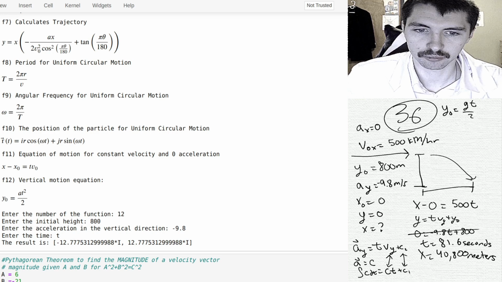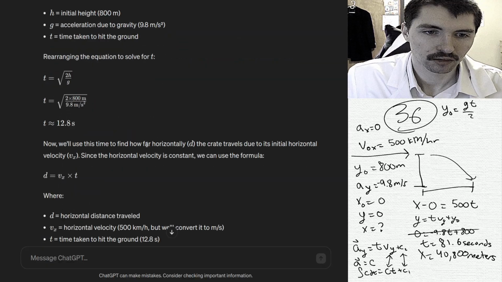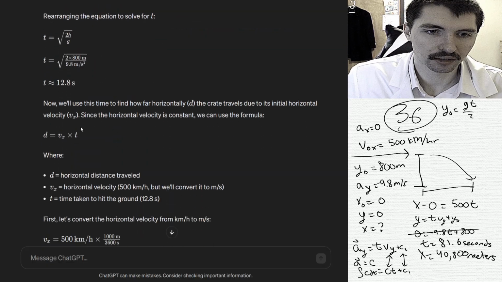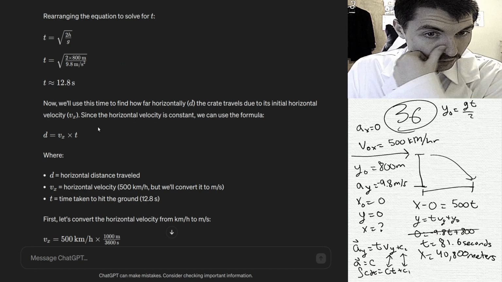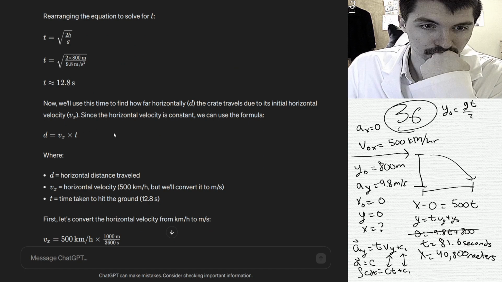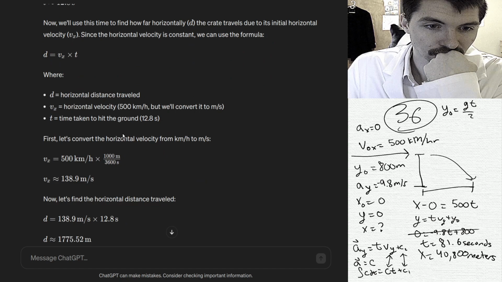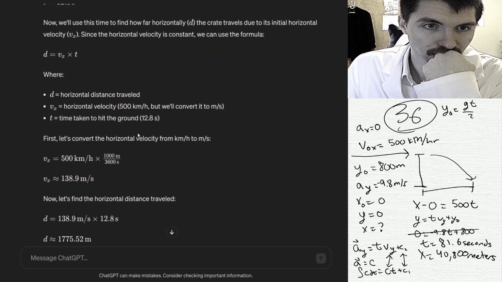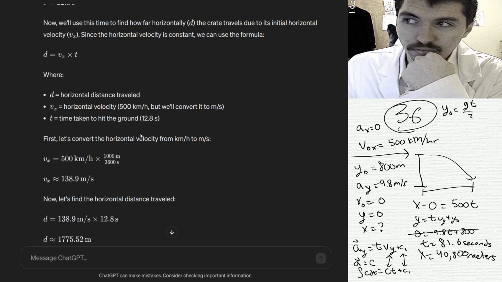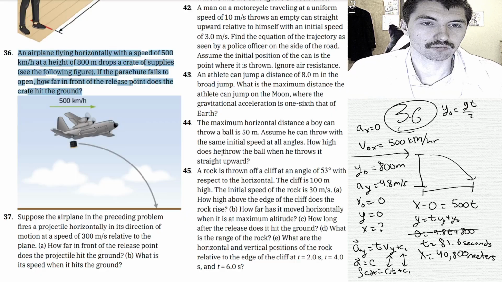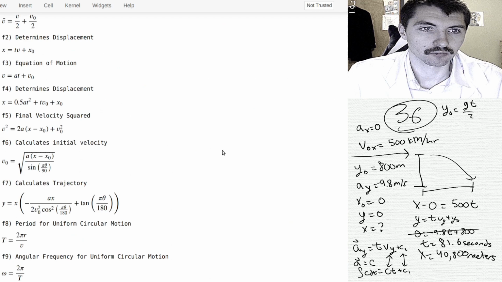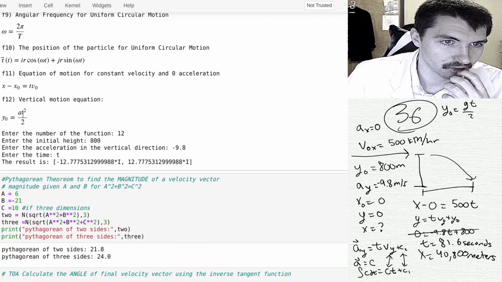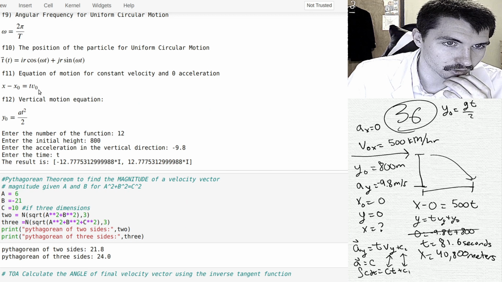It's reading 12.7. Okay, and then you plug that into that. So they plug this into this to get the initial velocity in the x direction.